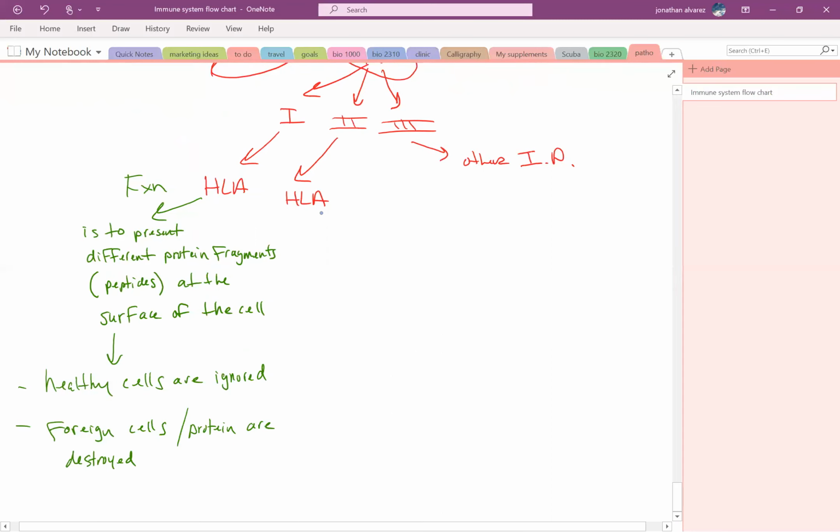Okay. With the class 2, these are the receptors found on the antigen presenting cell. So the APC, the antigen presenting cells, like on the macrophages and B cells.